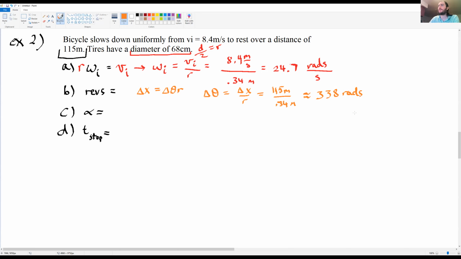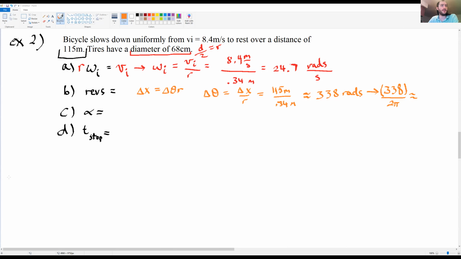Let's convert that to revolutions now. So we have to use the fact that 1 revolution is 2 pi radians. So we can take this number and divide it by 2 pi. So 338 divided by 2 pi.